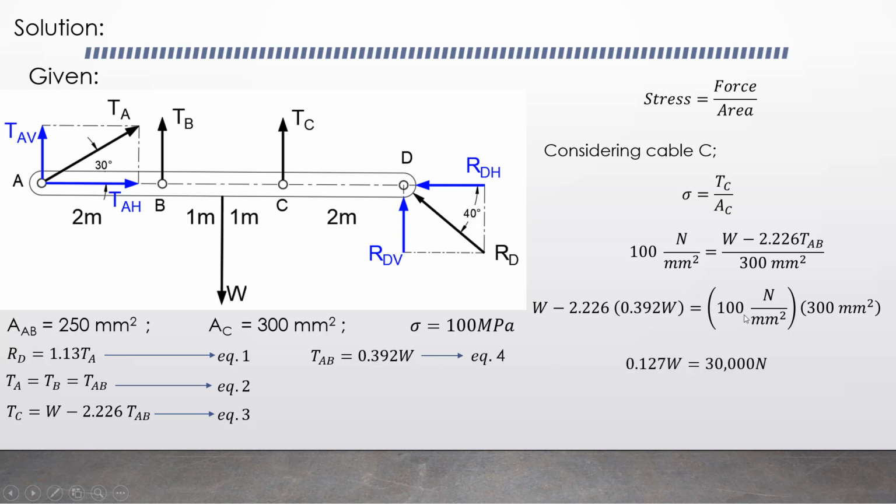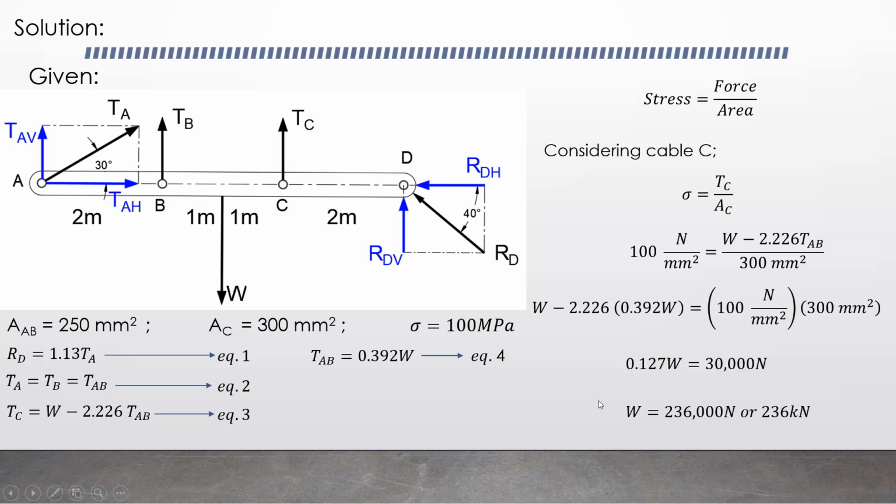Simplifying this equation, we get 0.127 W equal to 30,000 Newton. So just divide 30,000 by 0.127 and then we get 236,000 Newton or 236 kilonewton.